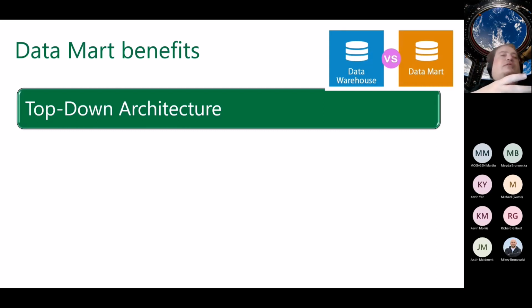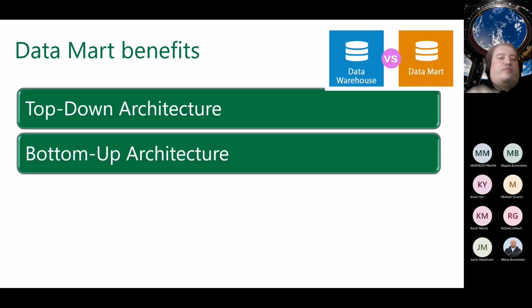Using a top-down architecture, from this global point, we can distribute subsets of data, regional data, for example, data for a specific branch of the company, and so on. So we can distribute the data using a top-down architecture.